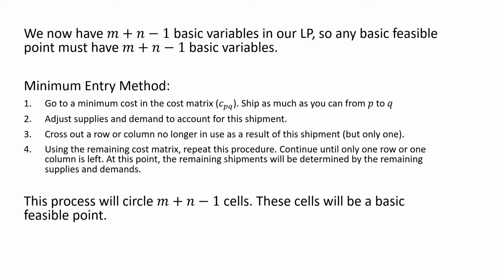Because one of those equations is extra, we have m plus n minus 1 basic variables in our linear program. So any basic feasible point has that many basic variables. So now we're going to look at how to solve this, keeping in mind that that's the number of basic variables in our linear program.